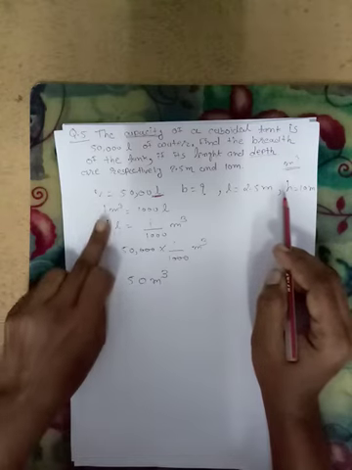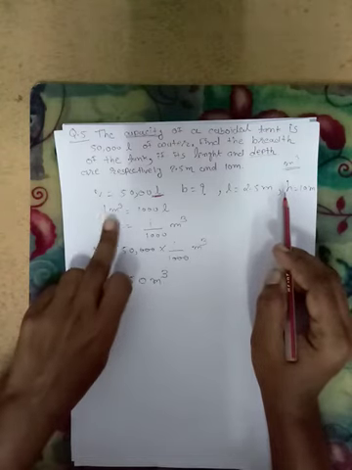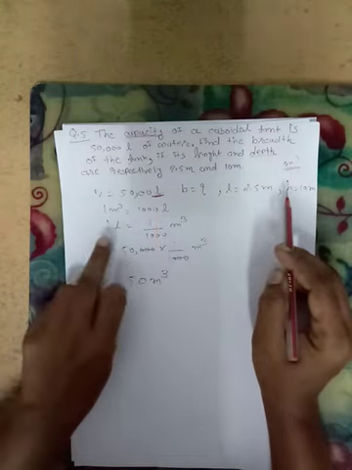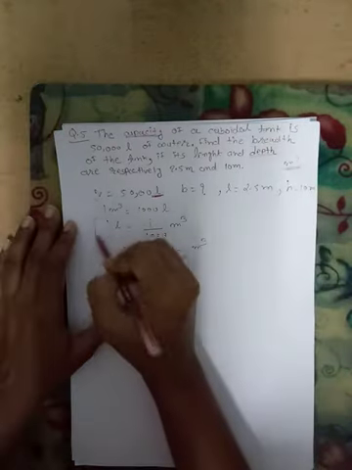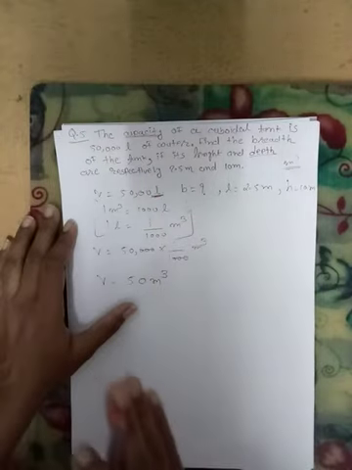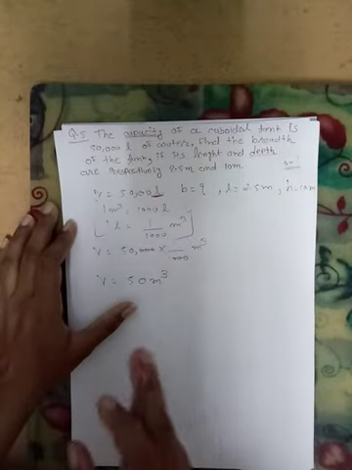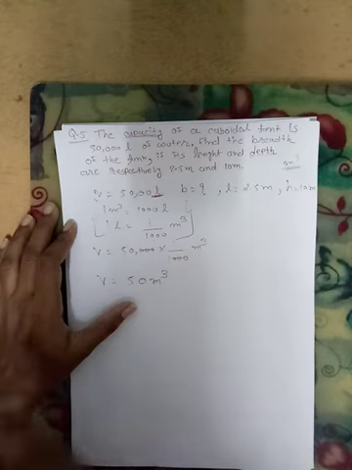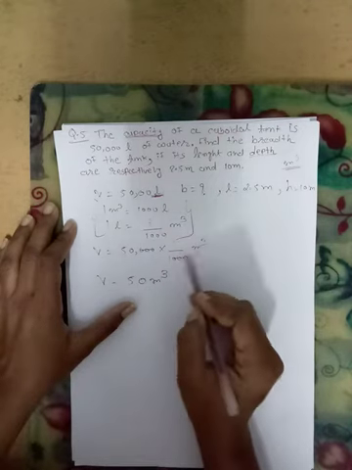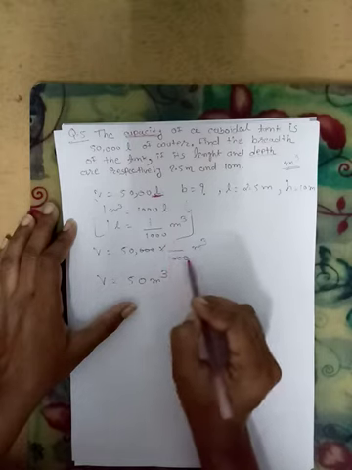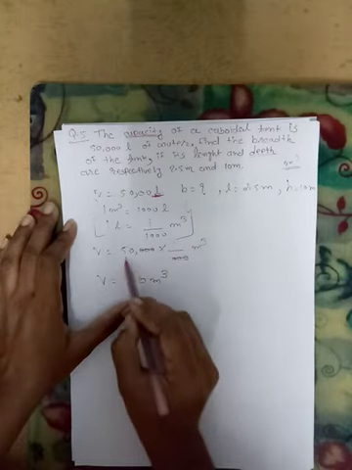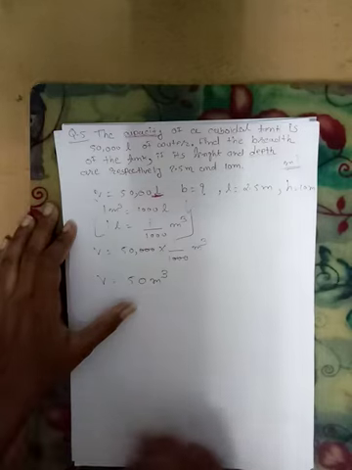To convert into meter cube, 1 meter cube is equal to 1000 liter, so 1 liter is equal to 1 upon 1000 meter cube. You must remember this. So to convert liter into meter cube we multiply by 1 upon 1000. So the 000 cancels out, and V is equal to 50 meter cube.